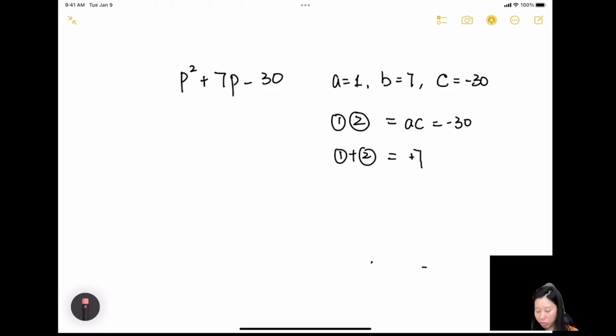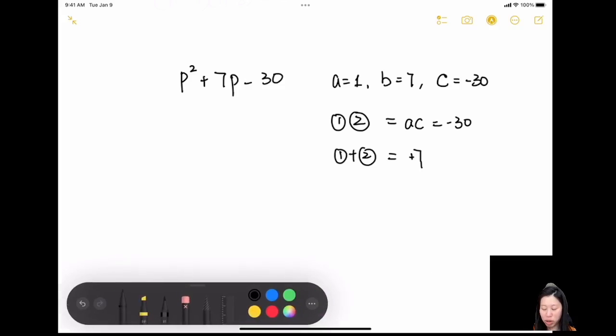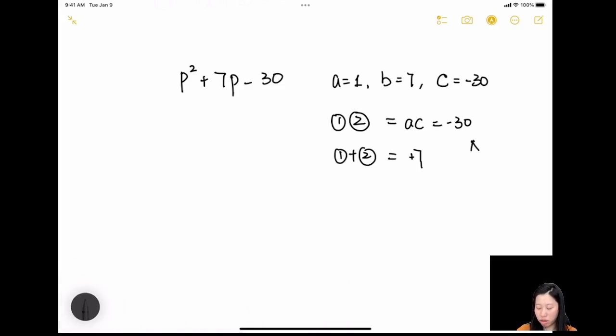Okay, so now think about it. Which two numbers multiply to negative 30? We have multiple options: 3 and 10, but we talked about it, the bigger number is positive and the small number is negative. Or the other option would be negative 2 and 15, or 5 and 6, but with negative 5, the smaller number being the negative.